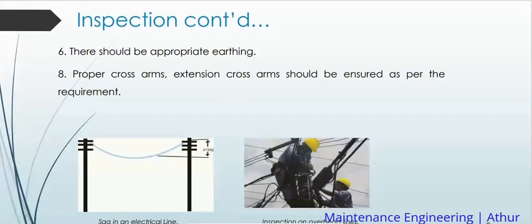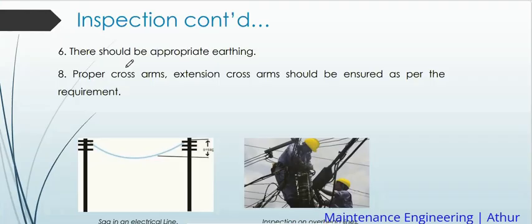And there should be appropriate earthing. There is what we call multiple earthing. On every pole, there should be earthing. But because it is expensive, they always make earthing like on every 3 poles. But it is a must. There is what we call a terminal pole.